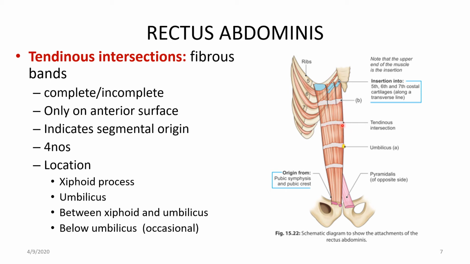You are seeing the third one. And then you are seeing one below the umbilicus. Sometimes you may not see this one below the umbilicus. So now you know what the tendinous intersections are and how many there are and where they are placed and on which surface of the rectus abdominis muscle.